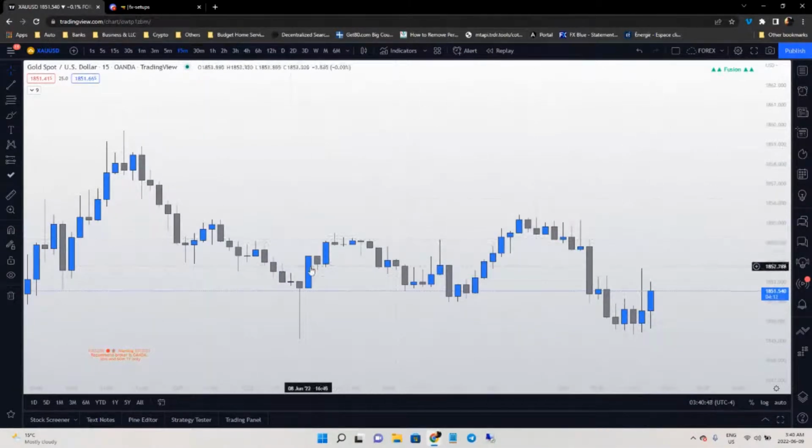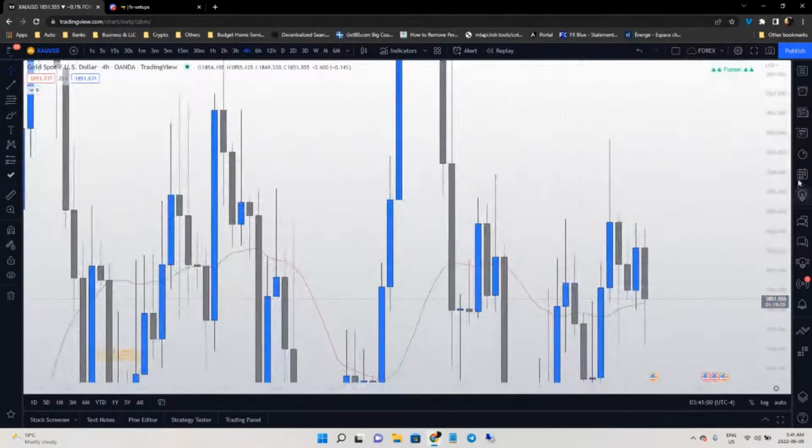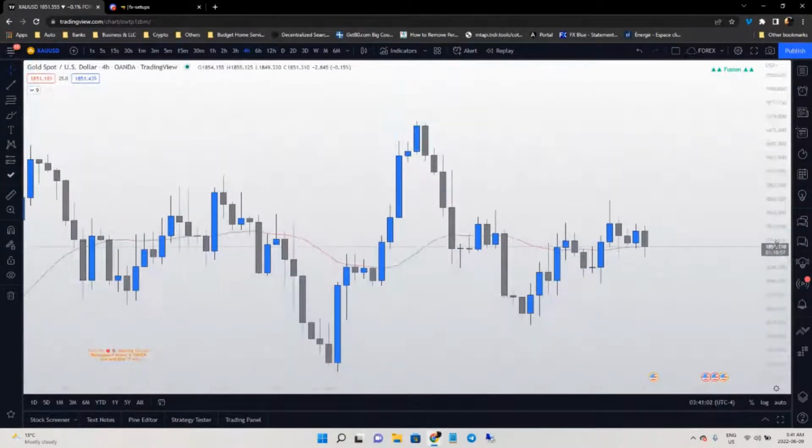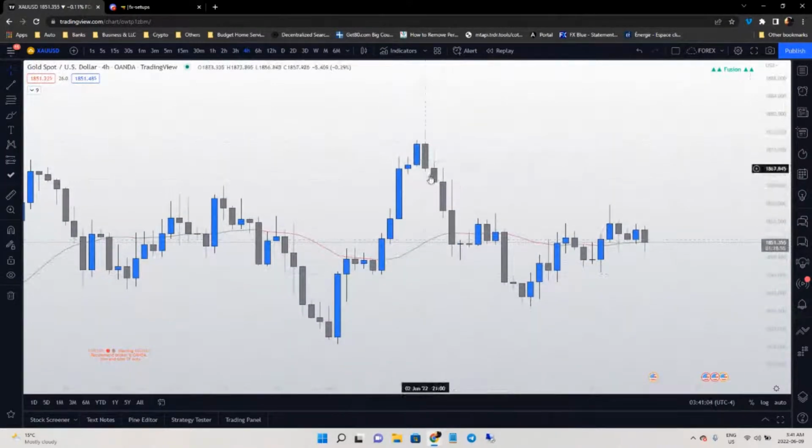So until this one is filled, I'm not expecting to have gold going down for a bit here, based on what I'm seeing on the 4 hour. So I'm expecting to have gold going in that region here. But we'll see what it will give us.